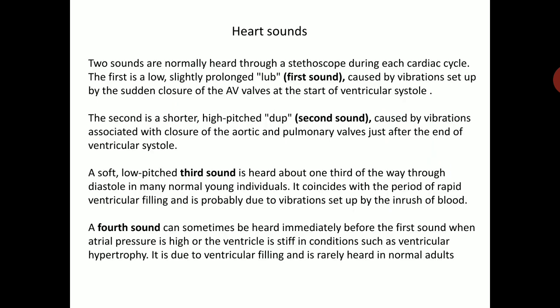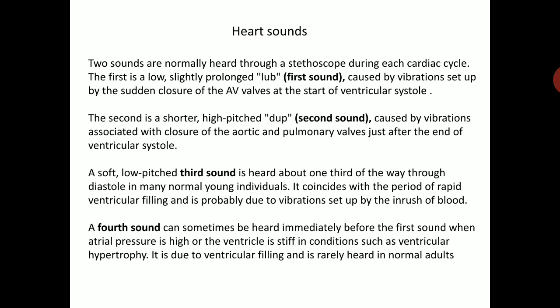So coming to the heart sounds, we normally hear two sounds, the first and second heart sound. The first heart sound is a low, slightly prolonged lub sound, and it is due to the closure of the AV valve. The second heart sound is due to the closure of the semilunar valves, which are aortic and pulmonary.